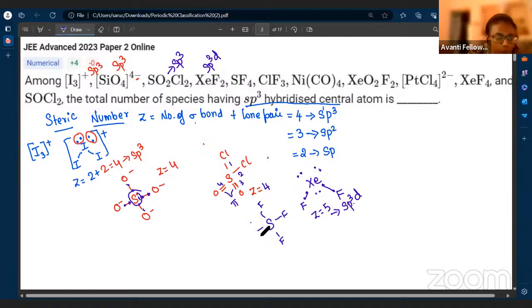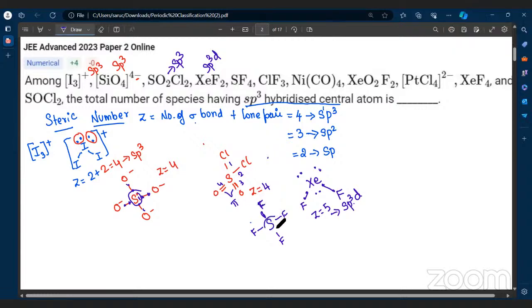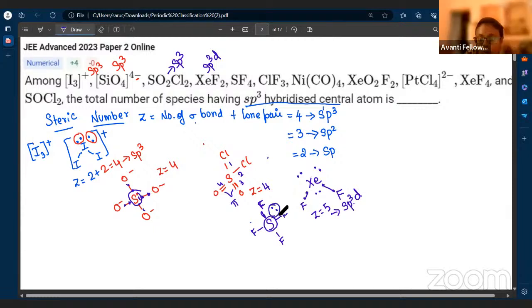Now do it for SF4. What will be the hybridization in SF4? Can sulfur have any lone pair? Yes, one lone pair. Why will it contain 1 lone pair?